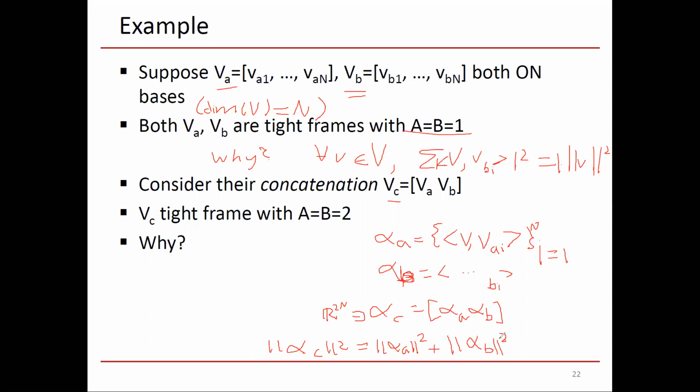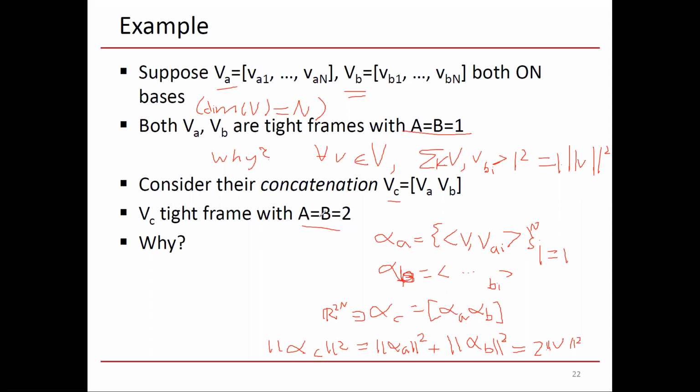And so we're summing the squares in alpha A and we're summing the squares in alpha B. And this is 2 times the energy in v. And by the way, when I'm saying energy, I square the L2 norm. If I didn't take the square of the L2 norm, it would be the square root of the energy. Okay, so I hope I've persuaded you that A equals B equals 2.